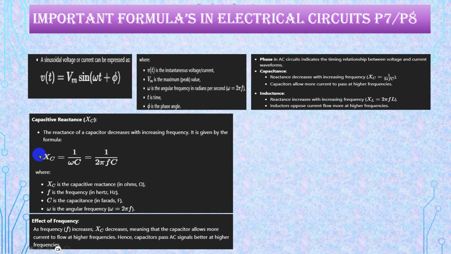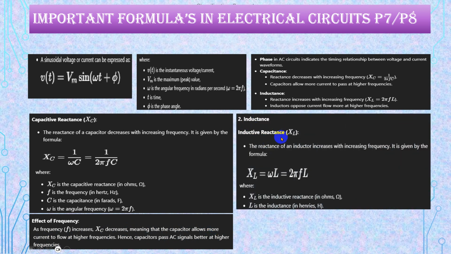Capacitors pass AC signals better at higher frequency. AC signals are used in communication circuits, where better outputs are obtained at higher frequency. If you increase the frequency, it allows more current. So capacitors are useful in communication networks.